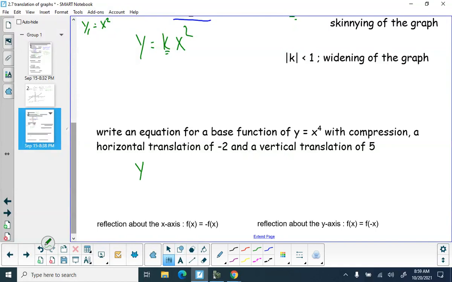You have a base equation of x to the fourth. You want to have compression. You want a horizontal translation of -2 and a vertical translation of 5.